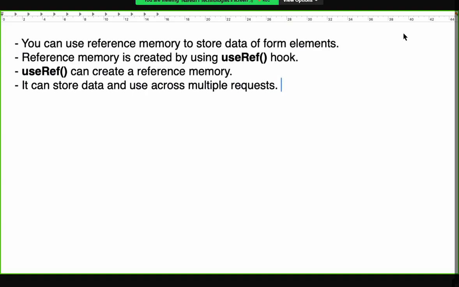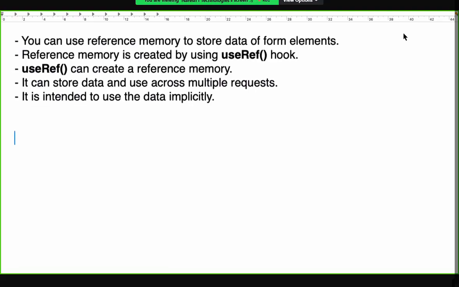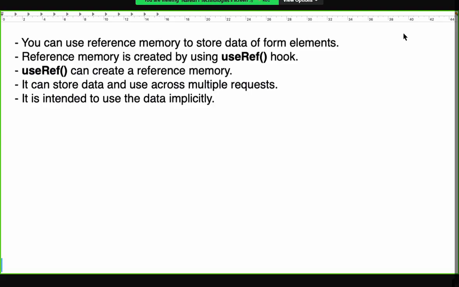The purpose of reference memory is that it is intended to use the data implicitly. Implicitly using the data is done with reference. I will tell you one example. Actually, it is a complex concept. I will tell you in a simple way.